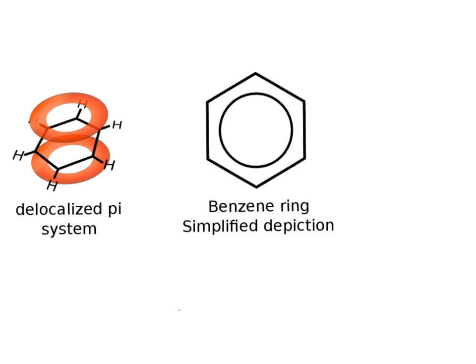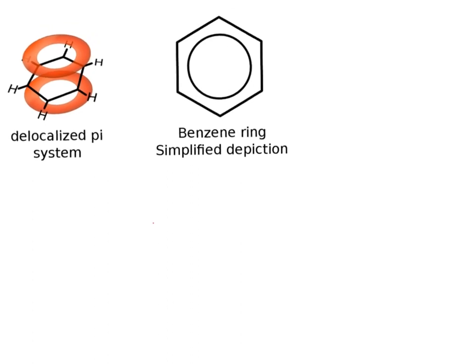And instead of having the alternating double and single bonds, the circle is given to indicate that there are 6 P electrons, and they all come together and form this ring of pi. So organic chemists use this symbolism, and everybody knows what it means.